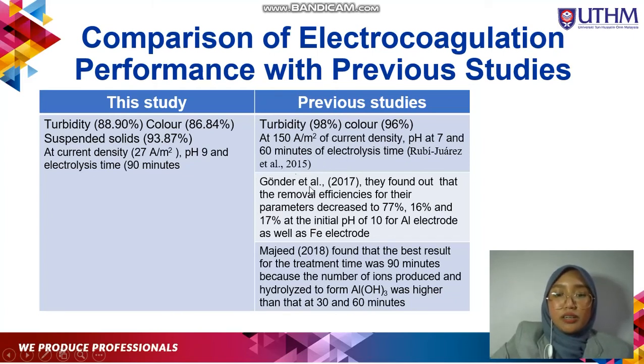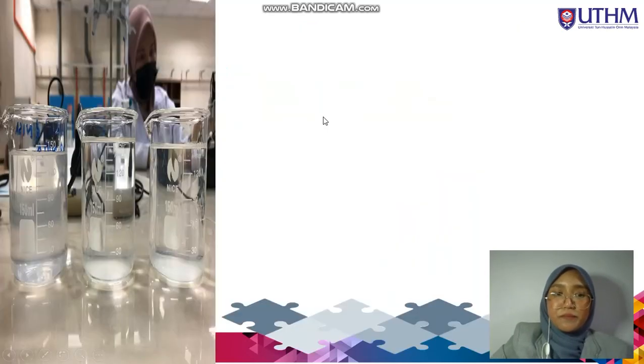However, Gonda et al. found that at initial pH of 10 for aluminium and iron, removal will decrease. And Majid 2018 found that the best result for the treatment time was at 90 minutes because the number of ions produced and hydrolyzed to form AlOH3 was higher than that at 30 and 60 minutes.